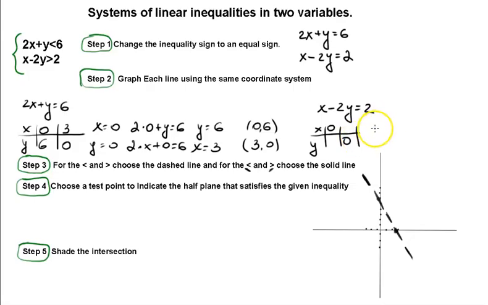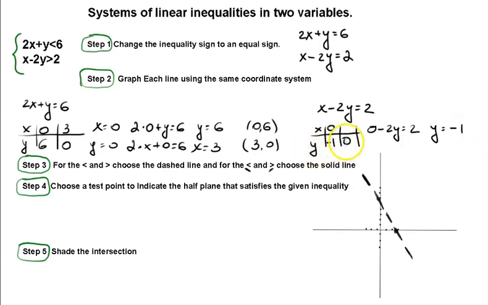When x equals 0, I substitute x with 0, and I'll have 0 minus 2y equals 2. So that will be minus 2y equals 2, and y will be negative 1.